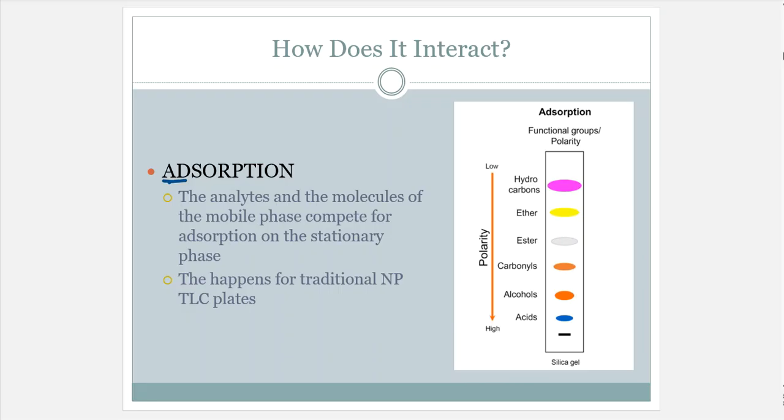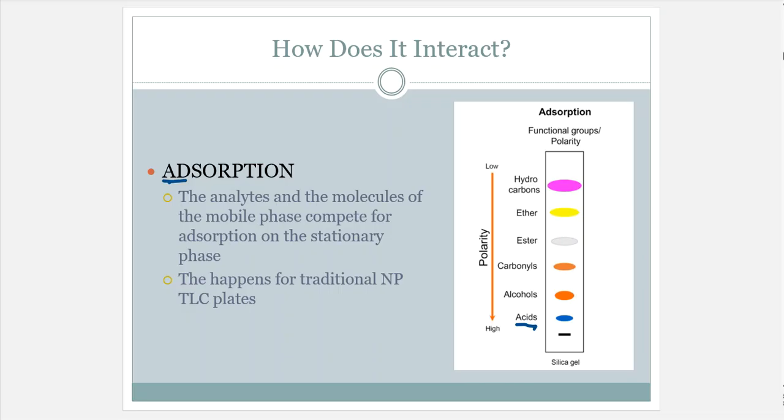This is an example of what you're seeing on the screen of the traditional types of separation and the order of elution that we will very often see in chromatography when we use silica, which is SiO2, very polar. What we're going to see here is that acids will tend to hang out toward the bottom. Acids are very strongly charged, or can be strongly charged. We do see positives on them quite often.